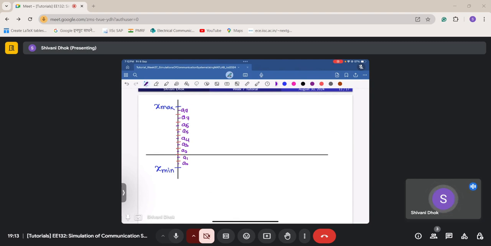Whatever comes in a particular interval, suppose I get some value. Okay, let me just draw it. We draw some random signal, and it will be a discrete time signal, so let it be something like this.